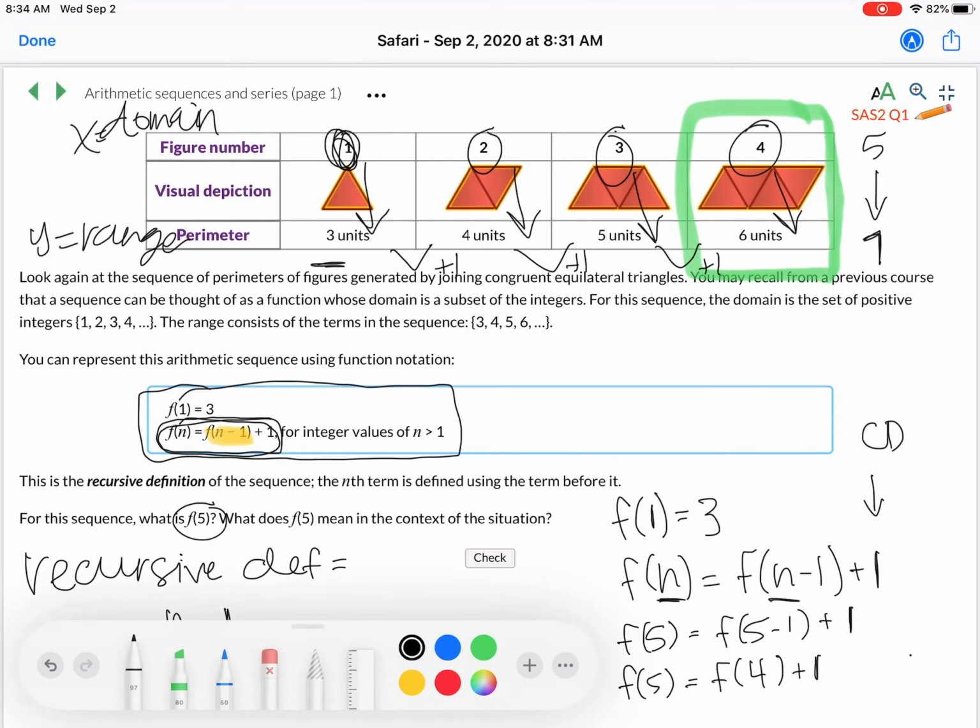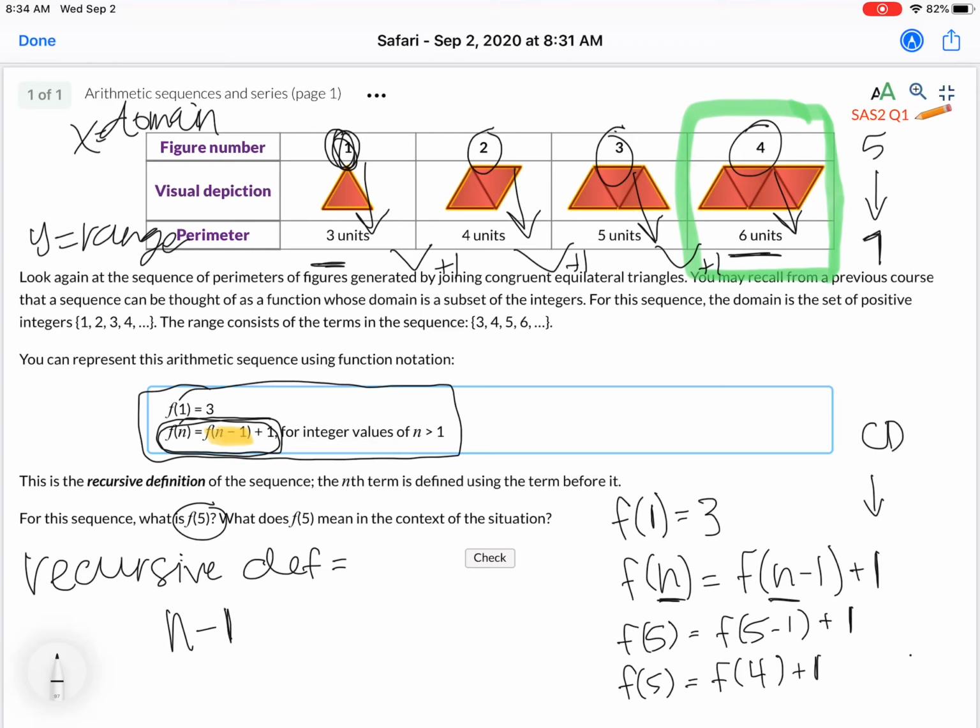When we put in a 4, we get out this 6. So f of 4 is 6, plus 1. 6 plus 1 is 7. Is that not exactly what we got earlier?